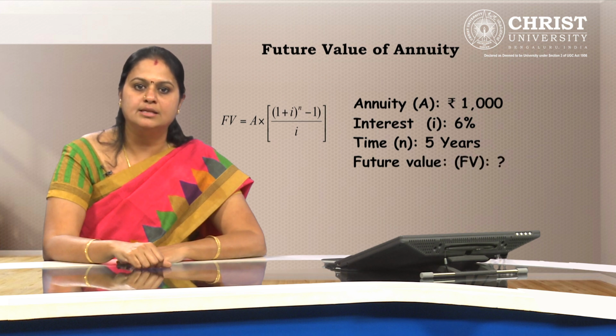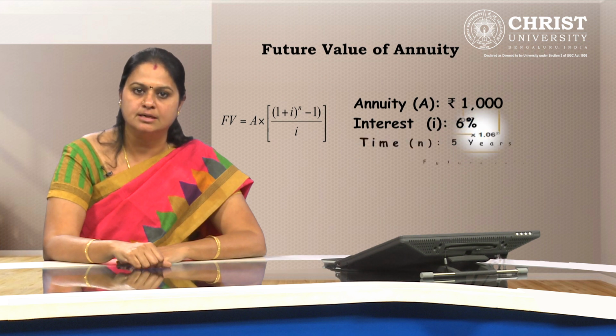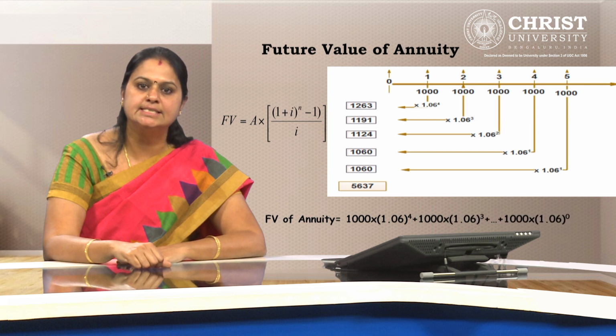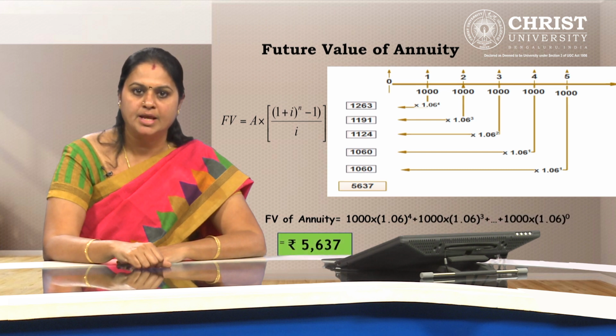You know that 1000 rupees here is the annuity, 6% is the interest rate and n is 5 years. Let us substitute them and find the answer. We get 5637 rupees approximately.